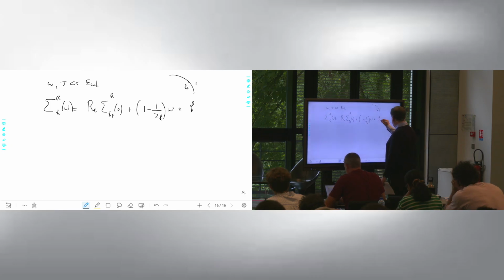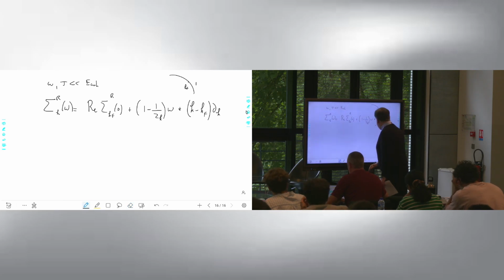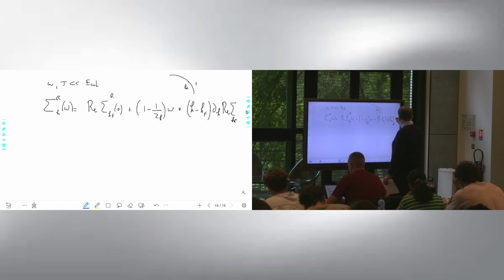It just simplifies the notation a bit. k minus k_F times the derivative with respect to k of the real part of the self-energy at k_F and at omega equals 0.